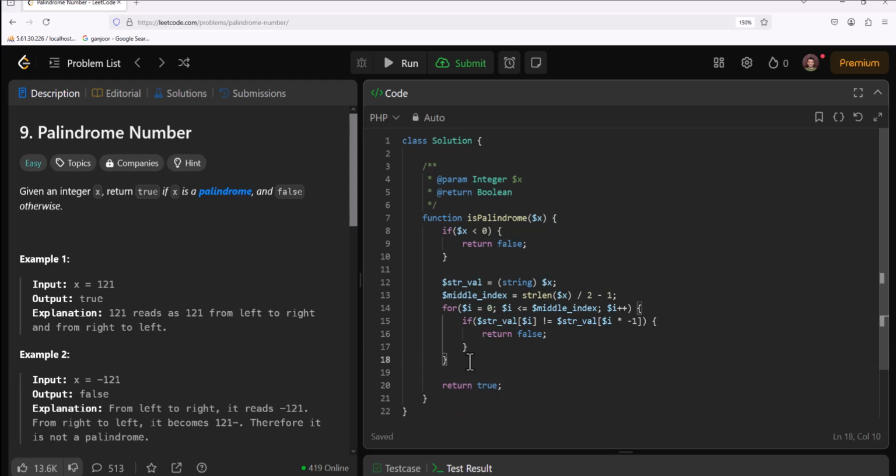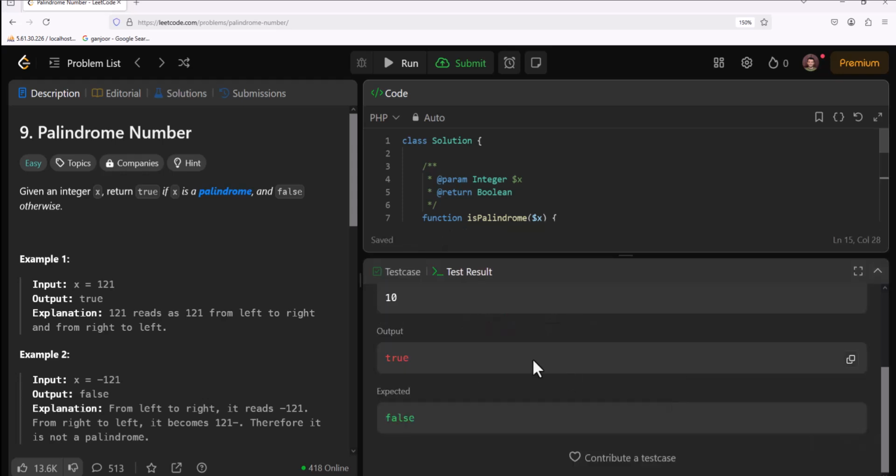Let's see what happened here, because strlen of 10 would be 2, and 2 divided by 2 will be 1, and minus 1 would be 0.